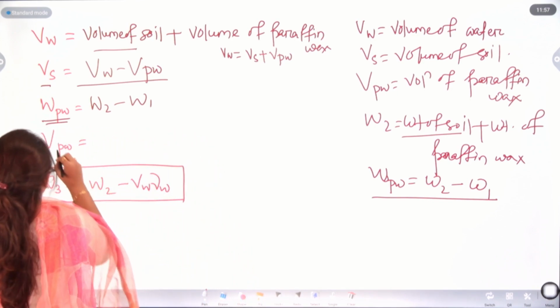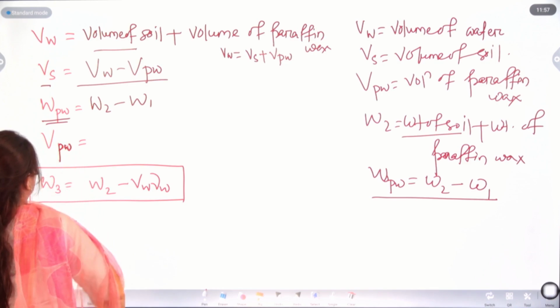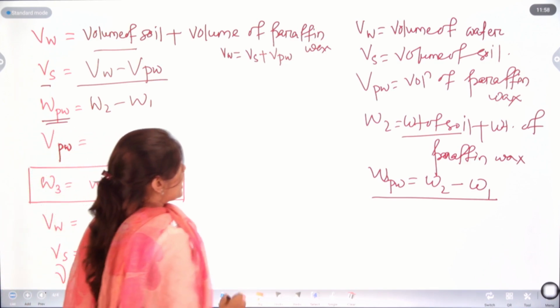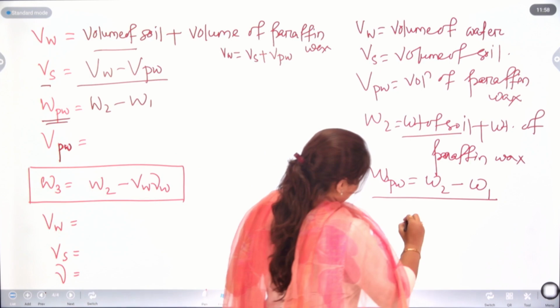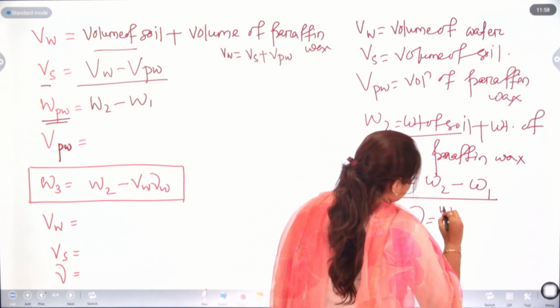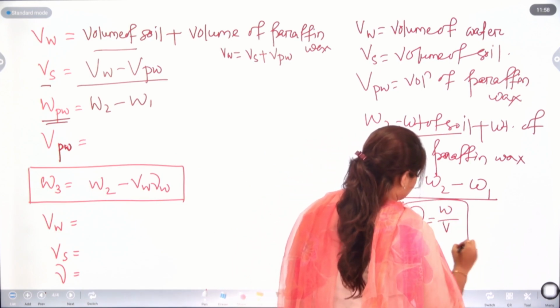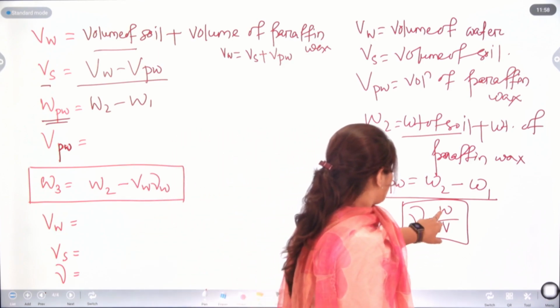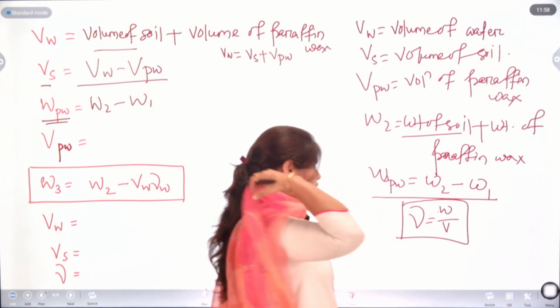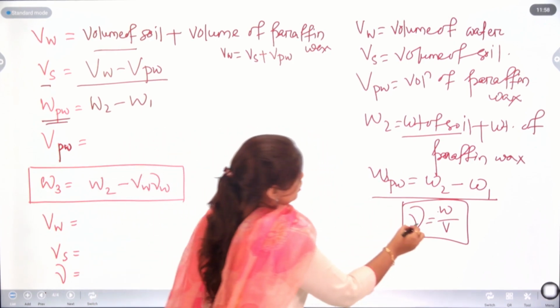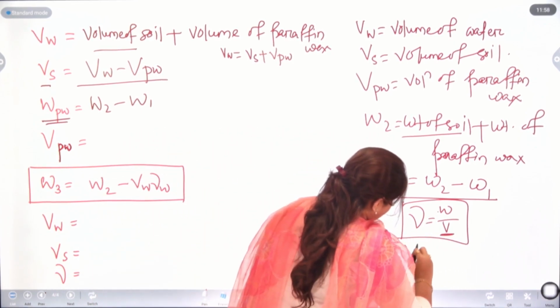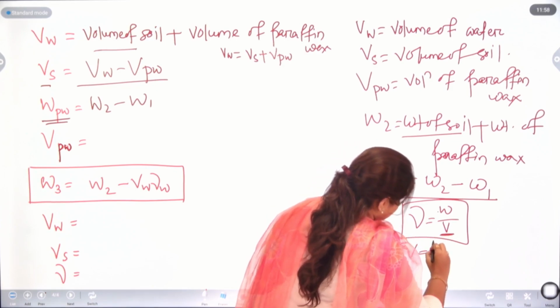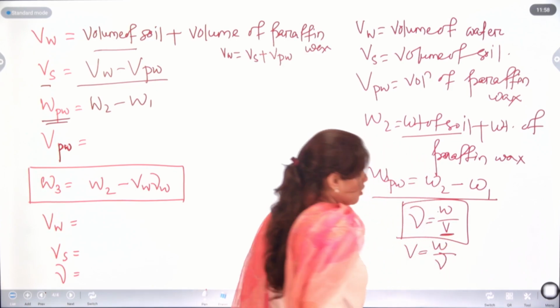Next, what? The volume of paraffin wax. We already know that gamma equals weight upon volume. Gamma is our unit weight of solid, W is weight and V is our volume. To find out this volume, we will use the formula W by gamma.